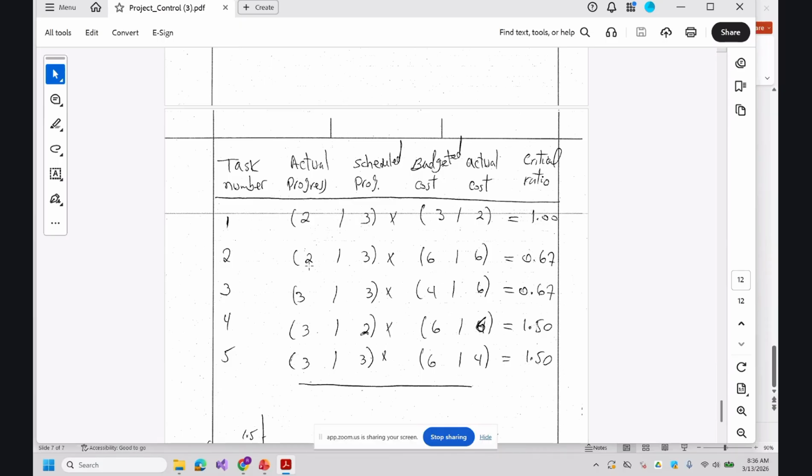Task number 2, your teammate finished it in 2 days, where you scheduled it to be completed in 3 days. Task number 3, you did the right job: you said it's going to take 3 days, and you finished it in 3 days. Task number 4, you said 3 days, but you scheduled it to be 2 days. So you see some discrepancies.